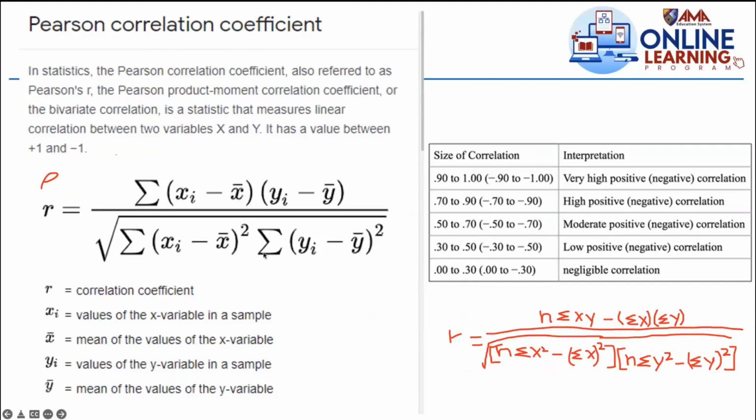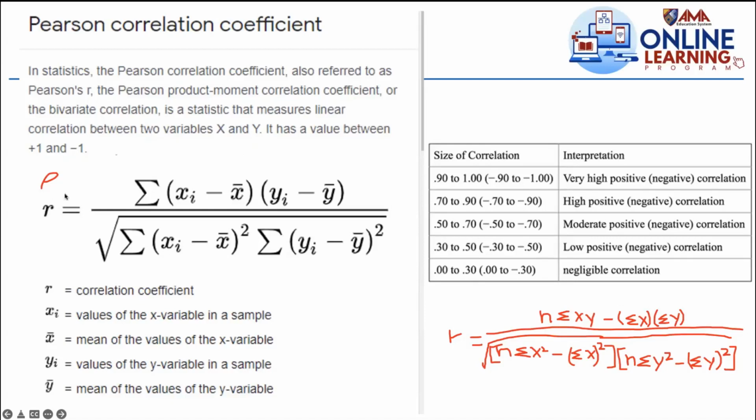It's more convenient than this one, because this one requires you to compute the mean. Remember this notation from the previous lesson? This is the sample mean, because the population mean is mu, right? So anyway, in statistics, the Pearson correlation coefficient, also referred to as Pearson's r, this one.